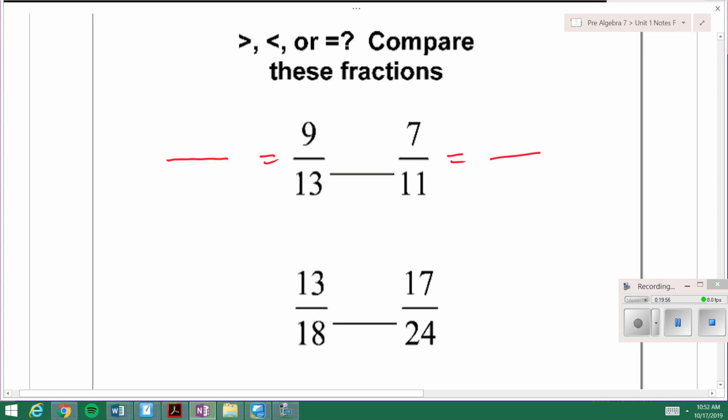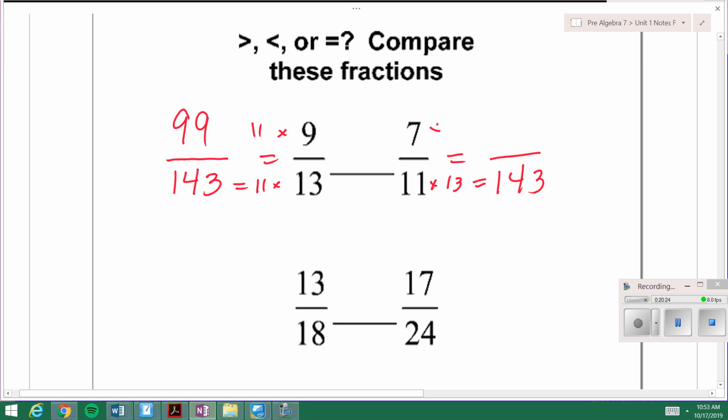If I multiply 13 times 11, I find a common multiple between them, 143. 13 goes into 143 11 times. 11 goes into 143 13 times. So what I multiply by the top, I must multiply by the bottom. So let's go ahead and just multiply the 9 times the 11 that got multiplied on the bottom as well.